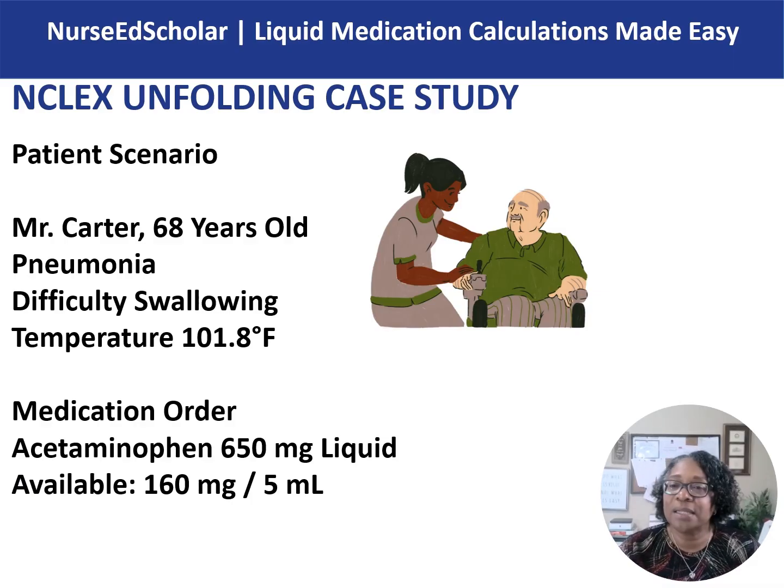You check a temp. His temp is 101 point something. He's coughing and he has dysphagia. And so you're like, okay. The dose that the provider ordered was acetaminophen 650 milligrams, and what's available is 160 milligrams per 5 milliliters.